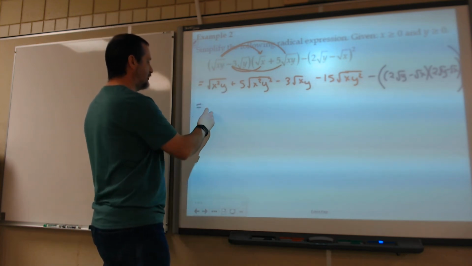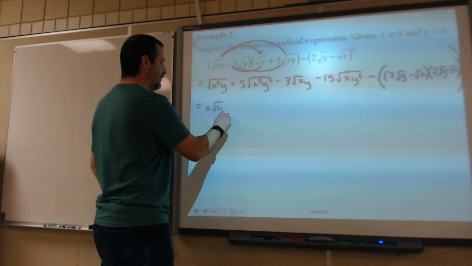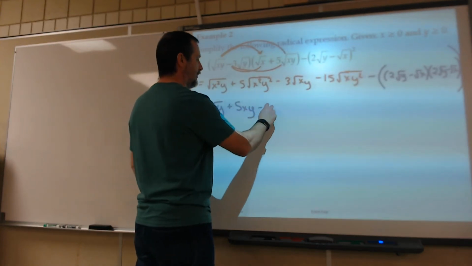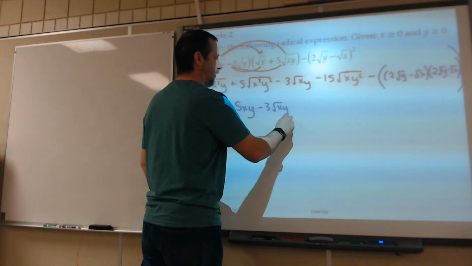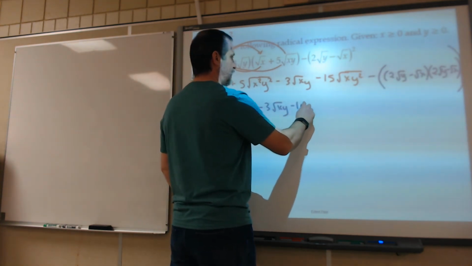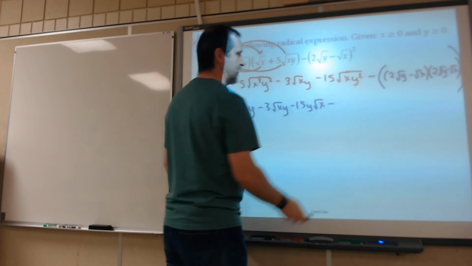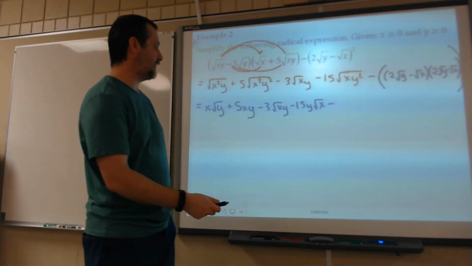But what I can do here is, this becomes x root y plus 5xy minus 3 root xy minus 15y root x minus, and again, now I've got to multiply through all of this.